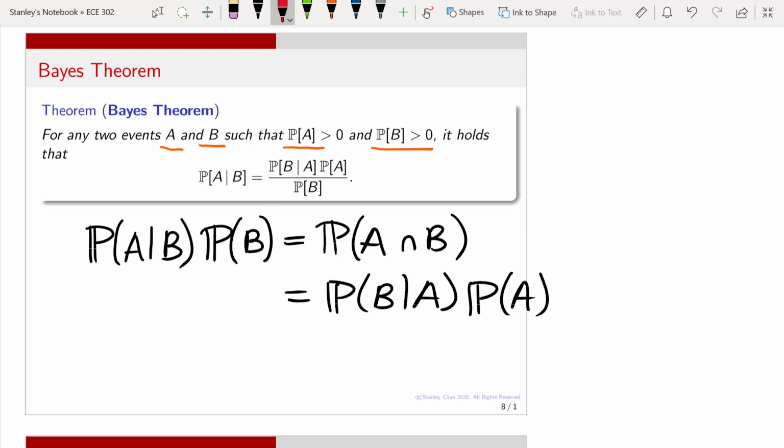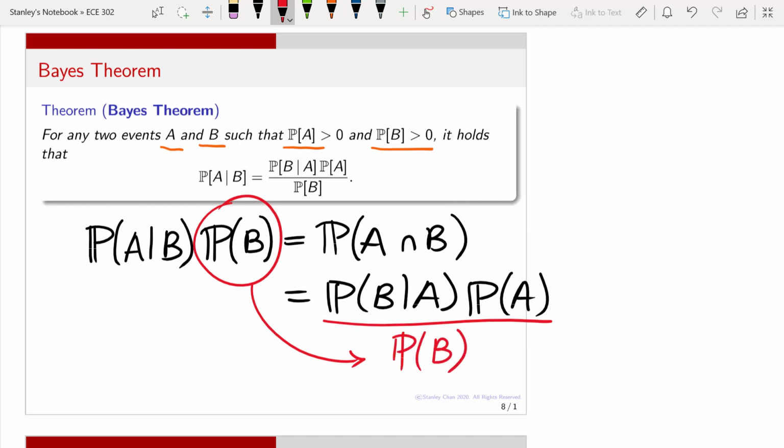And we have got to the result because you just move this to the denominator, then you will have this result. So this Bayes' theorem is literally just applying the definition of conditional probability, and then moving terms around. Then you will be able to switch the order of B given A and A given B. This is very useful.